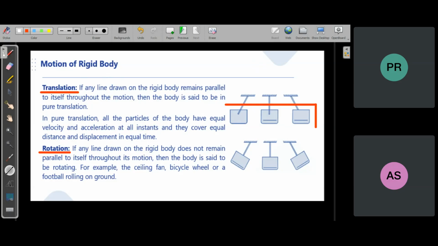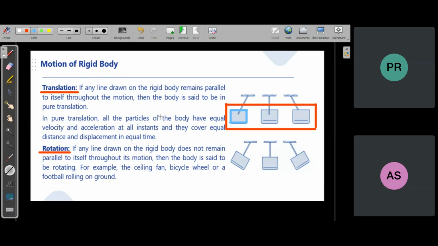If you look at case 1, when the rod is rotating, look at the body. Forget the rod, only focus on the body. So when the rod is rotating, is the body rotating or is the body just translating?